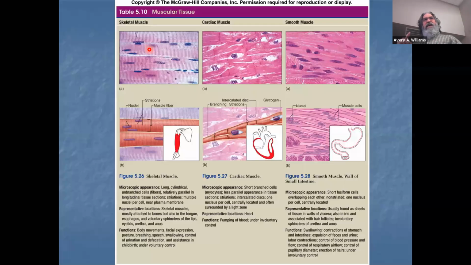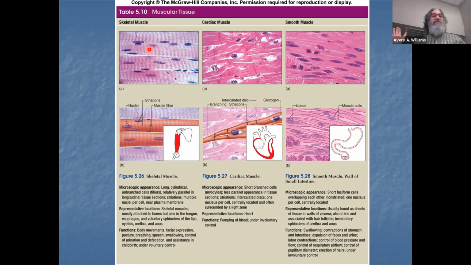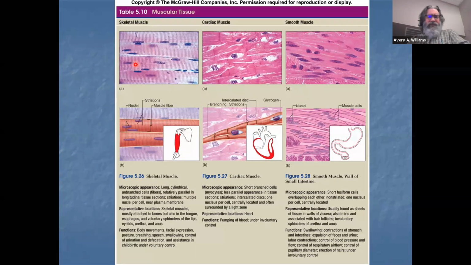Skeletal muscle can be attached to bone, it can be attached to other muscles, and it can be attached to your skin. But generally, you think of it as the voluntary muscle. The other 2 types are involuntary. You don't have conscious control over them. They're all governed by the autonomic nervous system. But only the skeletal muscle is governed by the somatic motor system, or the voluntary nervous system.